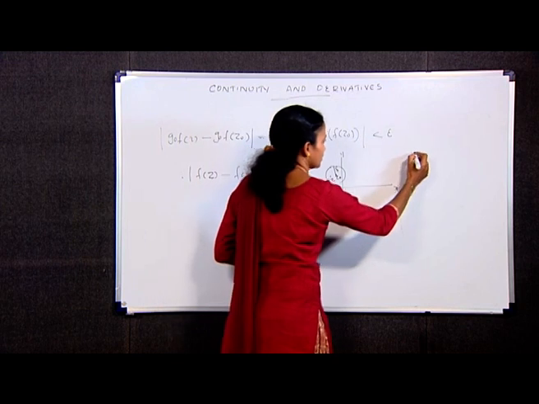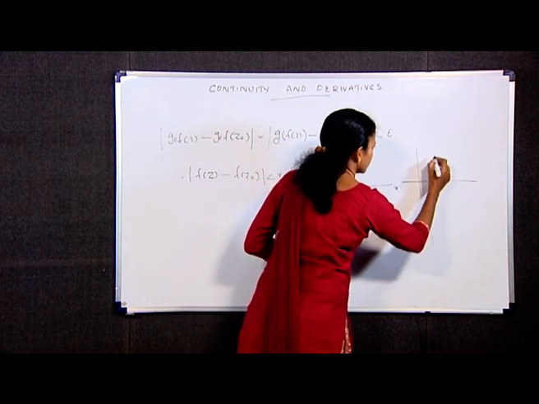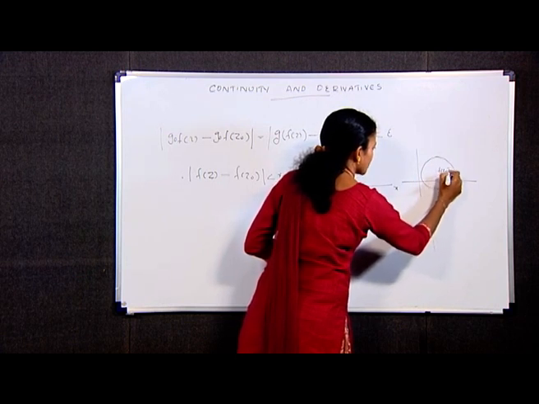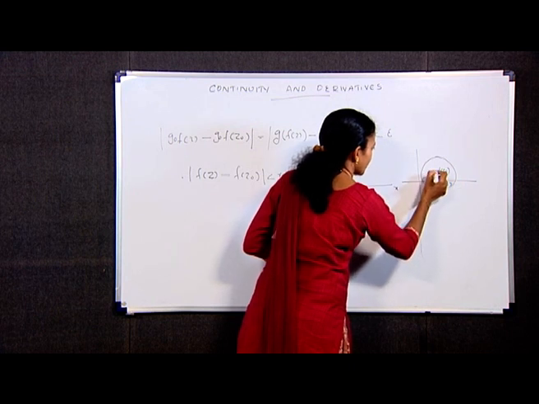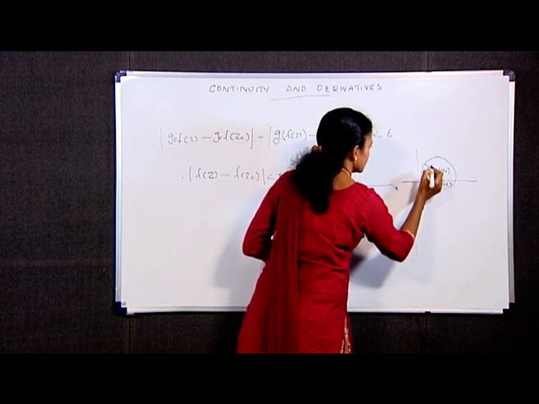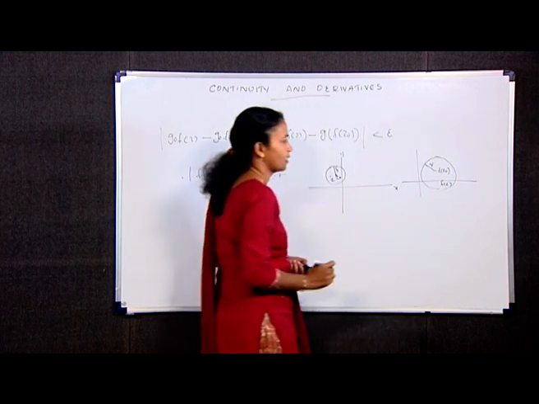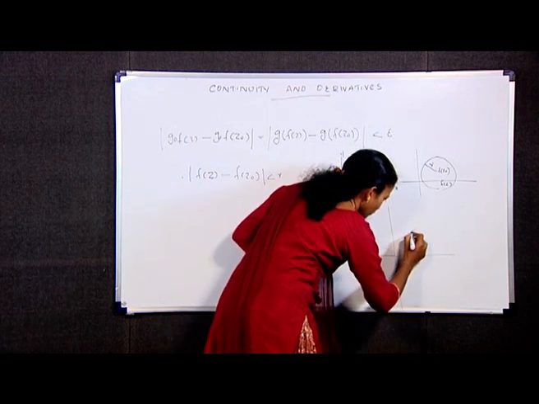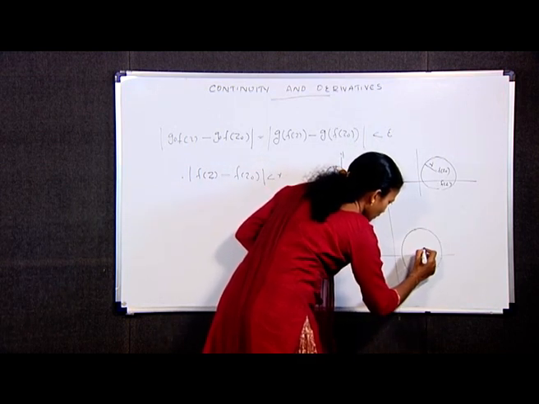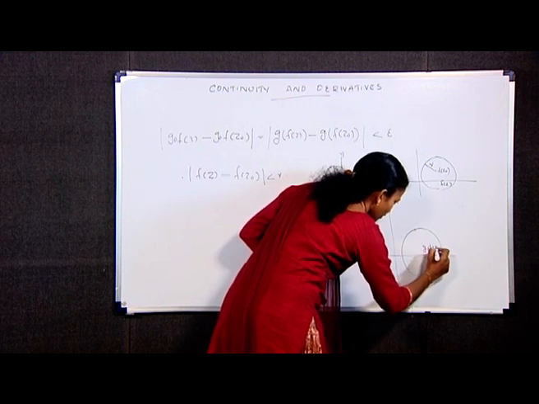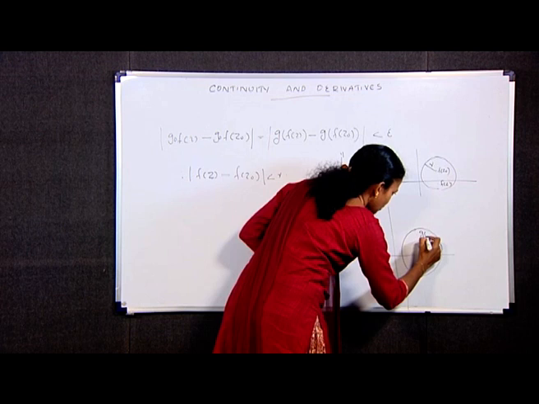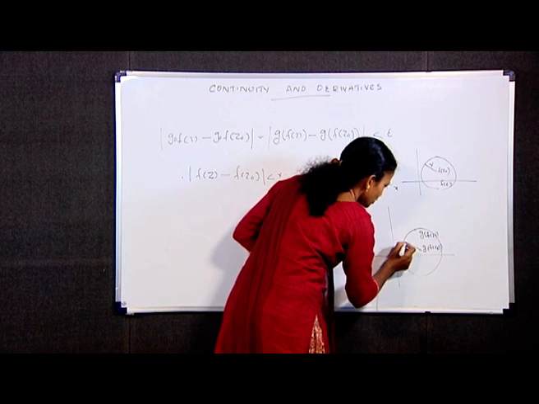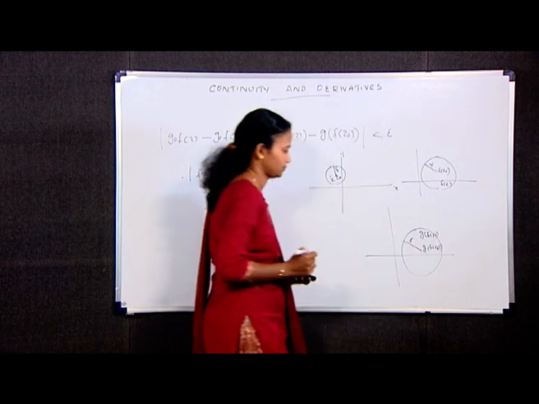Again, here we have f(z₀) and f(z), and the distance between f(z₀) and the circle is r. And for the composition, here we have g(f(z₀)) and g(f(z)), and the distance between the center g(f(z₀)) and the circle is epsilon.